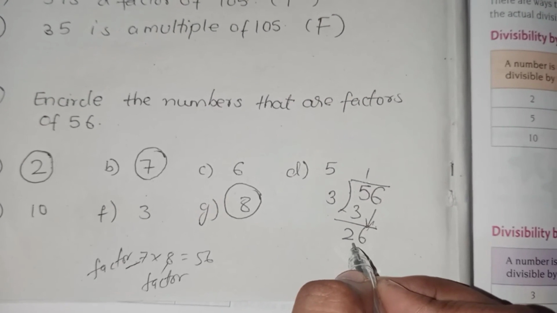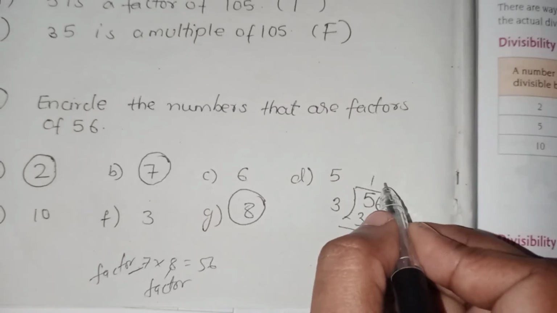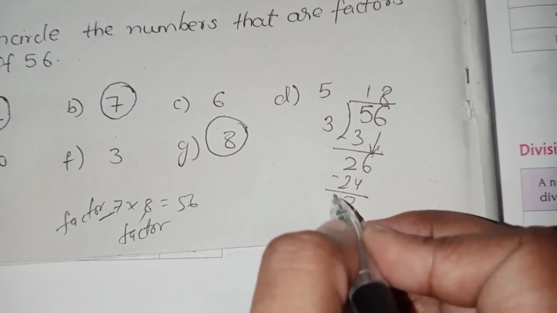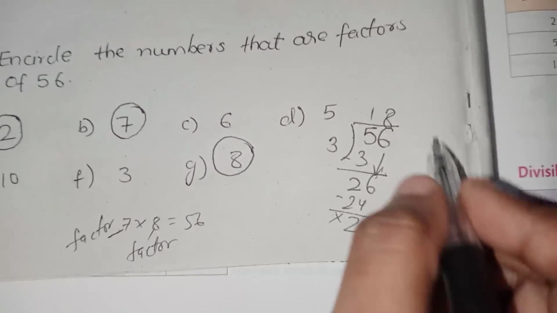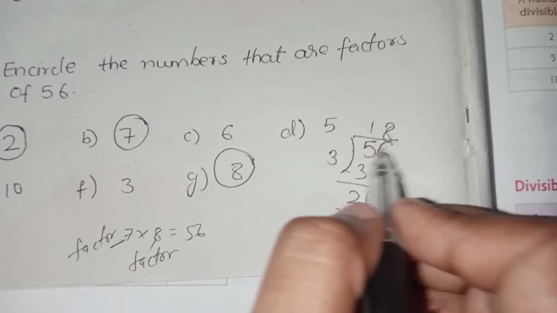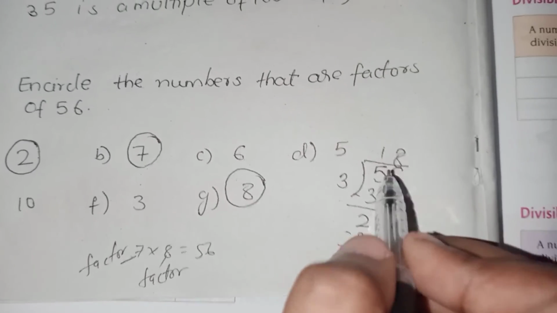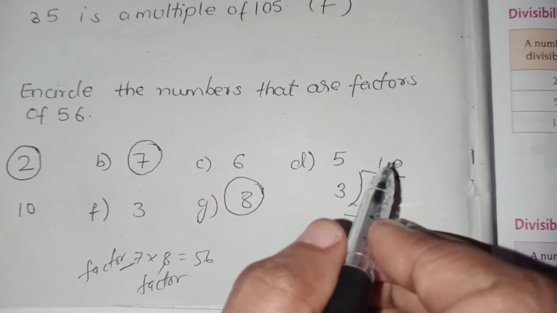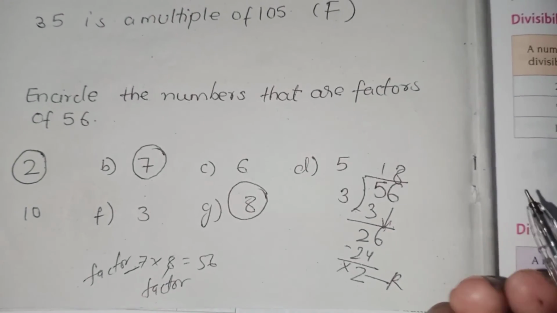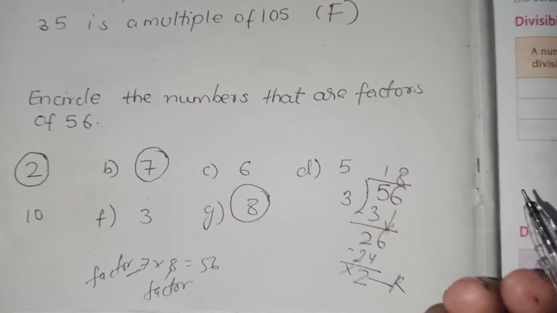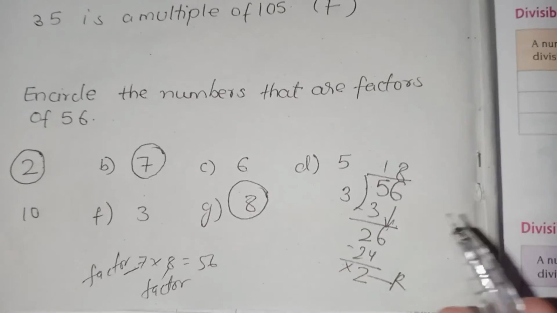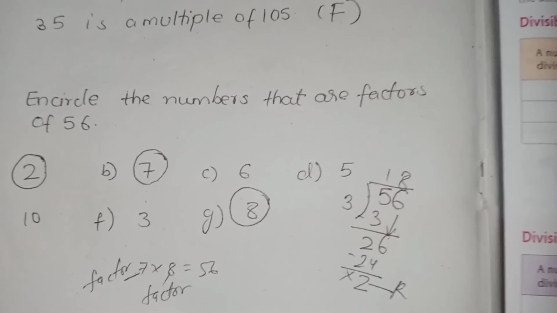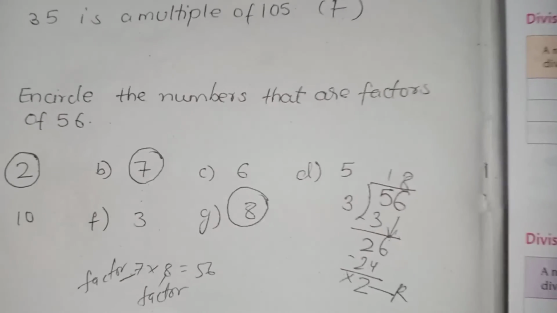Now it has become 26. 26 doesn't come in the 3 table. 3 8s are 24. Now you can see that I got 2 as a remainder. That means 3 is not the factor of 56. If I get a remainder, that means that number is not the factor of the given number. And if I don't get any remainder, that means it is the factor of that number.